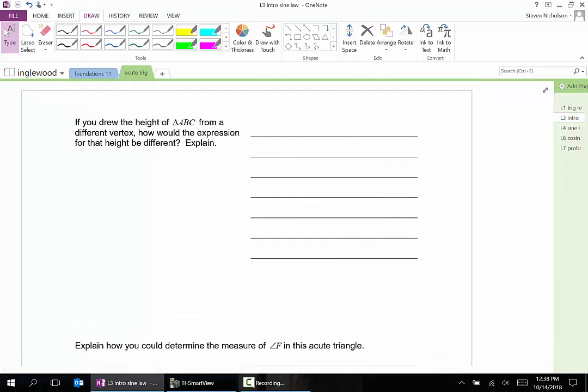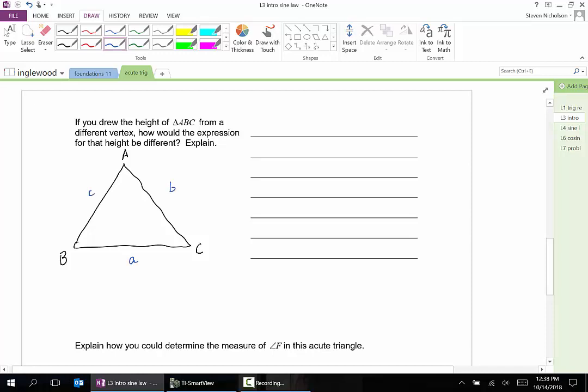If we again looked at the above triangle, and we made a height from a different vertex, I'm going to draw basically the same picture. And again, I apologize for not being able to use a ruler, but this computer program doesn't let me do that. So I'm just going to write my little things right here. And here's what I'm going to do.